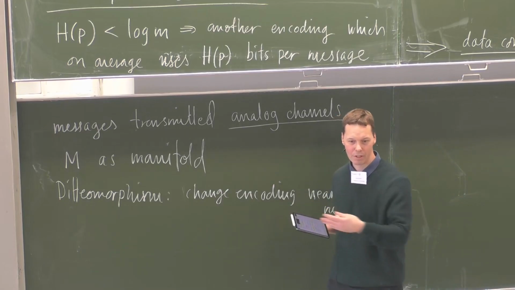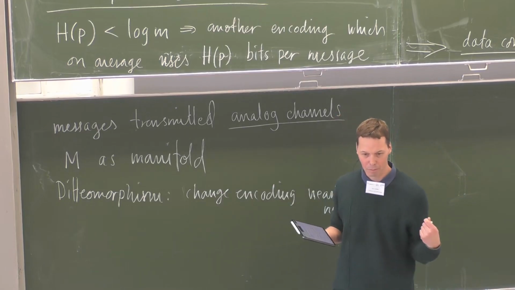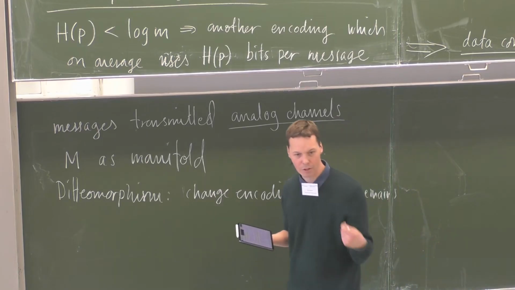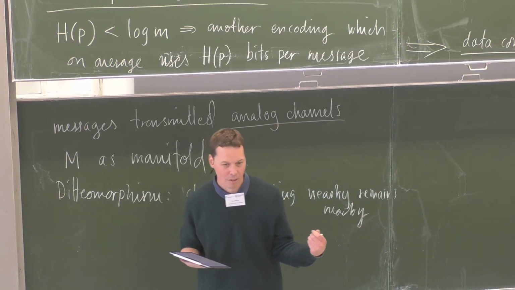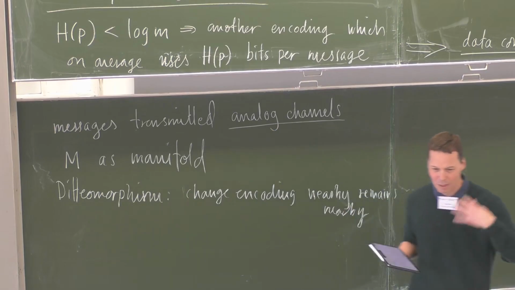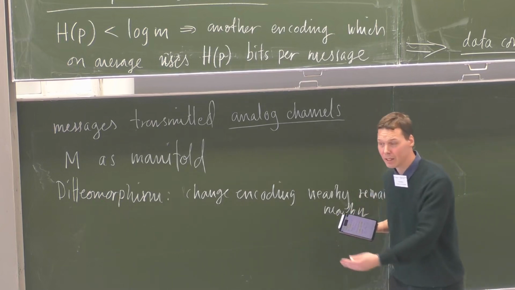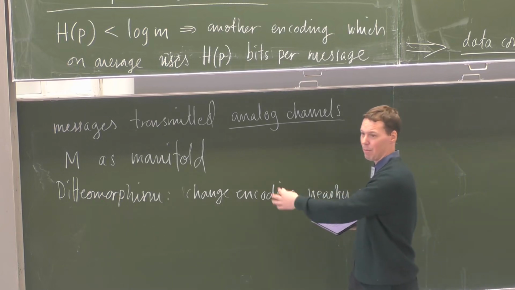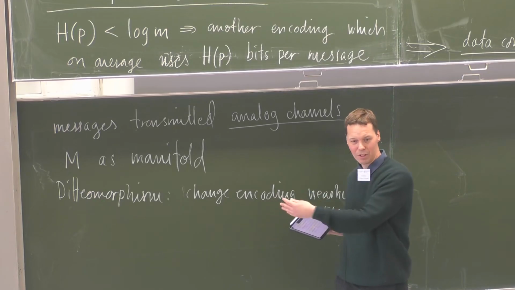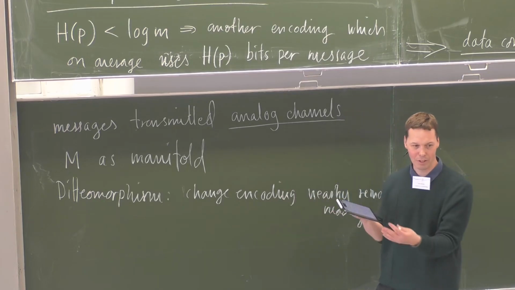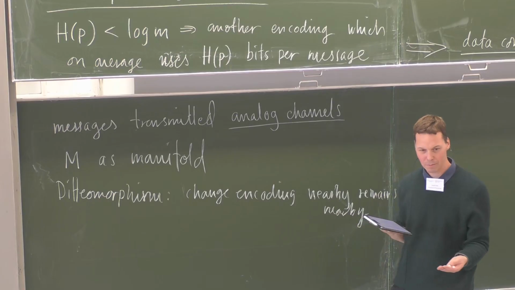You receive some analog information, and you interpret that as a message. So that's the picture that I have in mind. Changing the encoding would mean that I'm still using the same apparatus, but I'm changing the way I encode my messages in these electrical signals.